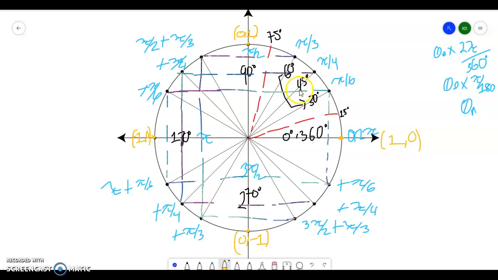So now let's talk about the quadrants. The coordinates for these three. The way I remember the coordinates for these three is pi over 3 is halfway on the x-axis. So I'm going to draw that out.